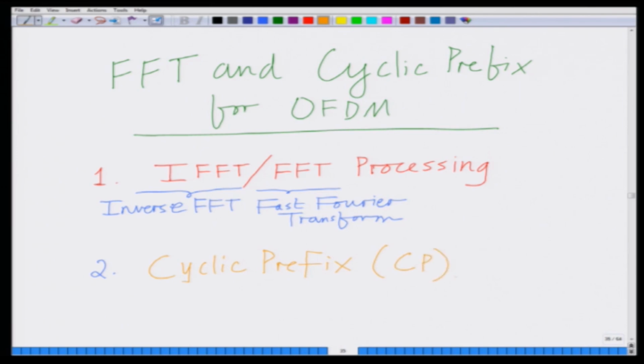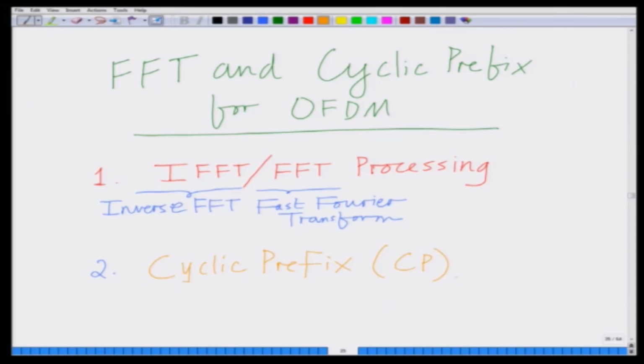So, we are going to look at two key aspects in OFDM. One is the IFFT/FFT processing, where FFT stands for the fast Fourier transform, IFFT is the inverse fast Fourier transform. And the second aspect is something unique, which is known as the cyclic prefix. Okay, so, we are going to look at these two aspects, which are the key ingredients or the key steps in OFDM or orthogonal frequency division multiplexing based wireless communication.